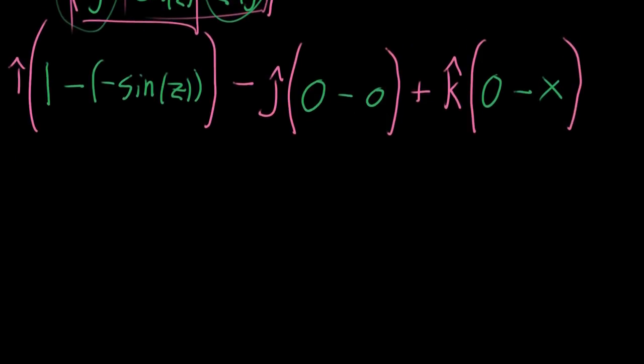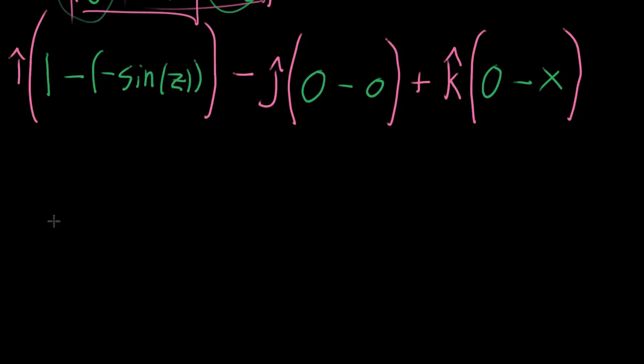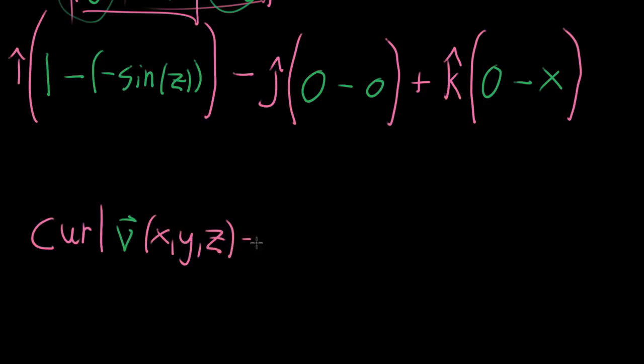Which means if we simplify this, the curl of our vector field as a whole, as this function of x, y, and z, is equal to, and that first component, the i component, we've got 1 minus negative sine of z, so minus sine of z, that's 1 plus sine of z.